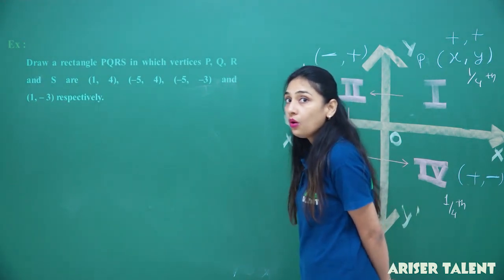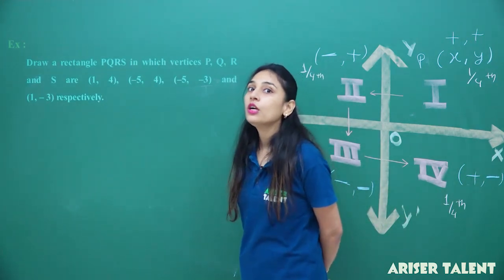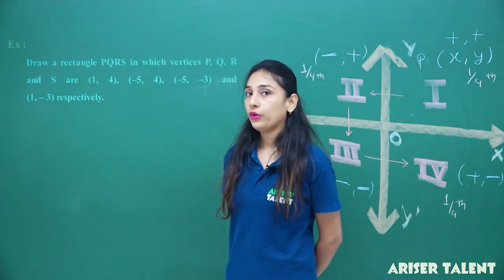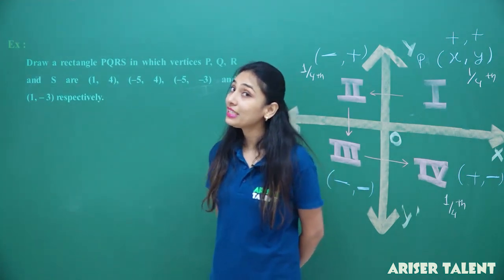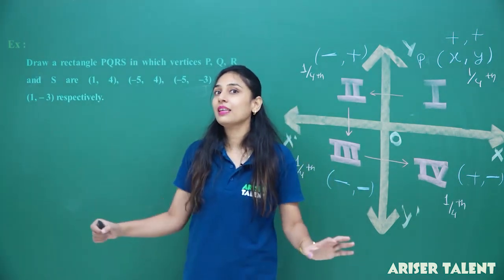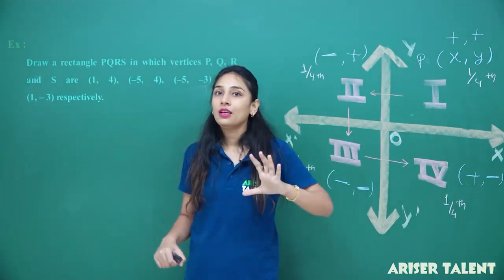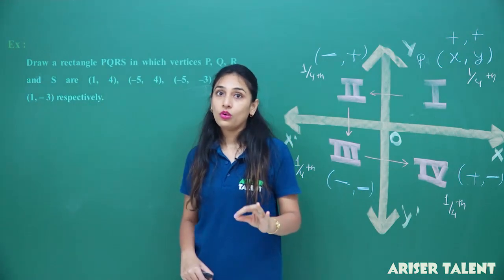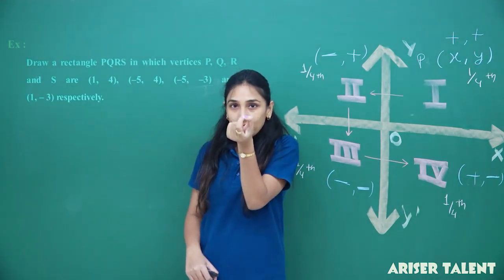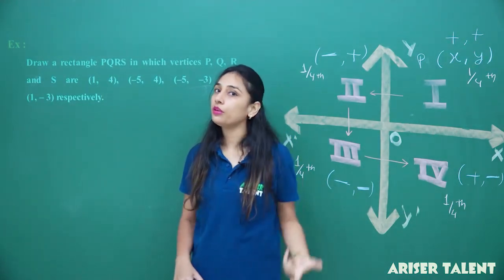So now we are provided with the location of points, and this complete chapter of coordinate geometry is just to locate a point, and that point is very important, right?